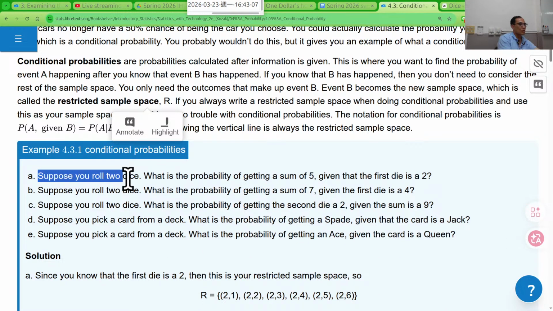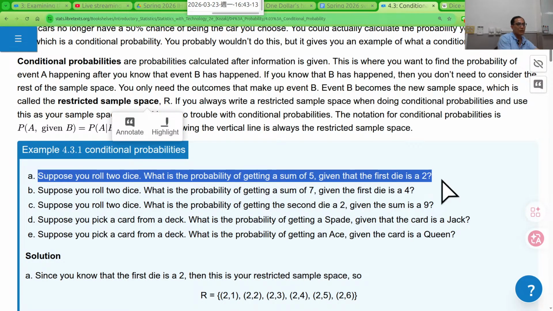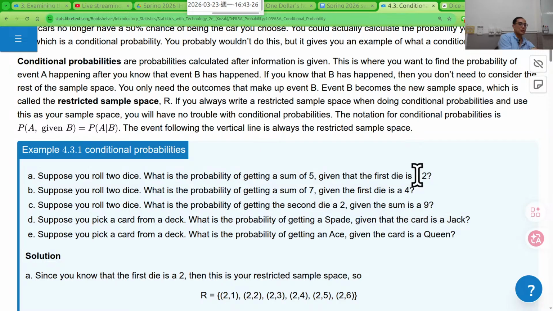Suppose you roll 2 dice. What is the probability of getting a sum of 5 if the first die is 2? When the first die is 2, you have no choice: the second die must be 3.